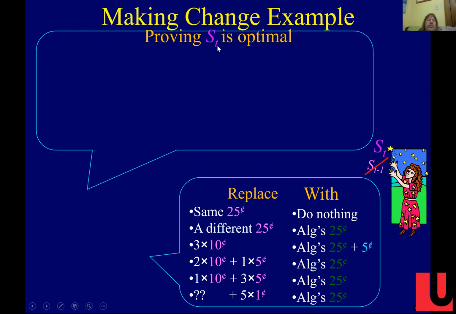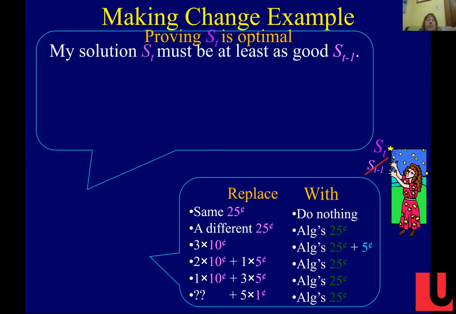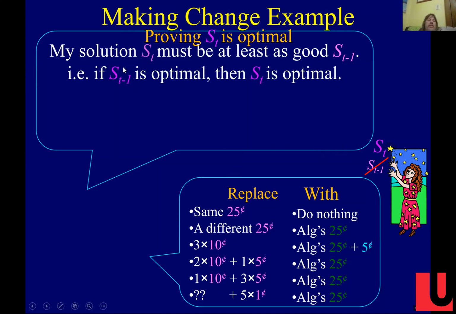Well, we don't know that S_{t-1} is optimal, but what we need is that S_t is at least as good as S_{t-1}, right? And so if S_{t-1} was optimal, then S_t will be as well. Now, of course, there are examples here where clearly S_{t-1} wasn't optimal, right? That's why we relax that S_{t-1} doesn't need to be optimal.